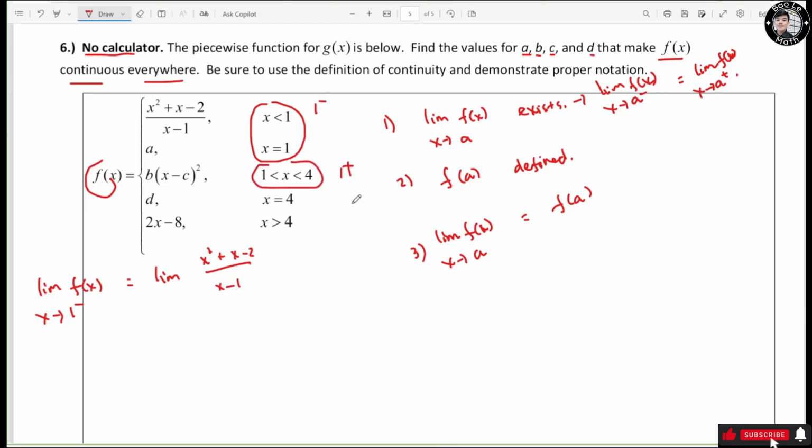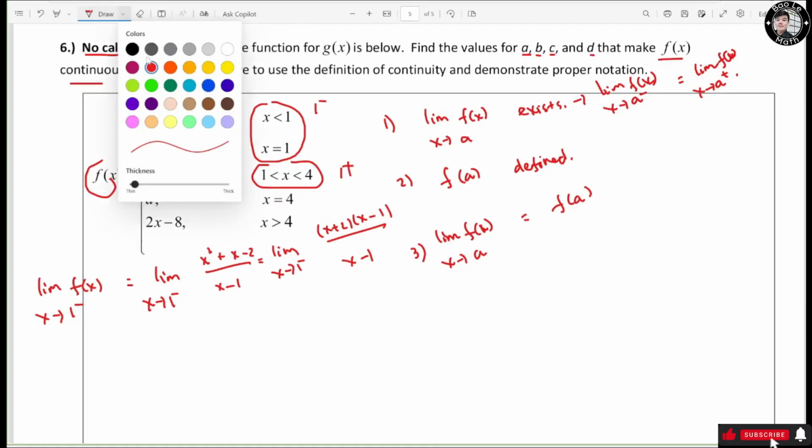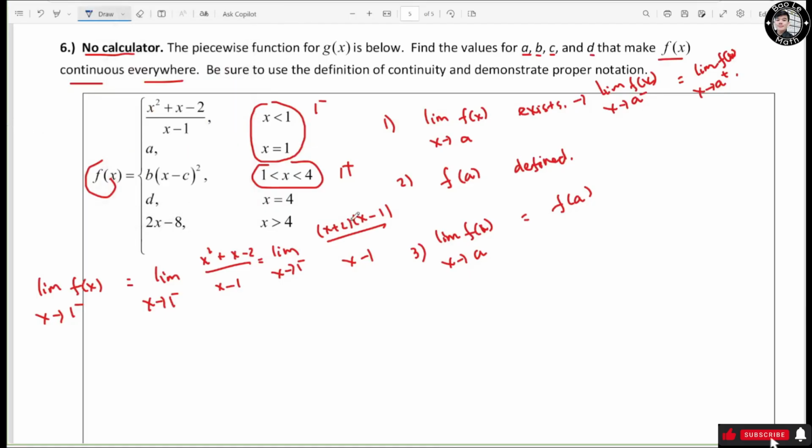We're going to factor the numerator, so it could be the limit when s approaches 1 minus of s plus 2 times s minus 1 over s minus 1. Now this guy cancels out. So it's going to be the limit of s plus 2 when s approaches 1 minus, and then it's going to be 3. Leave it over there.